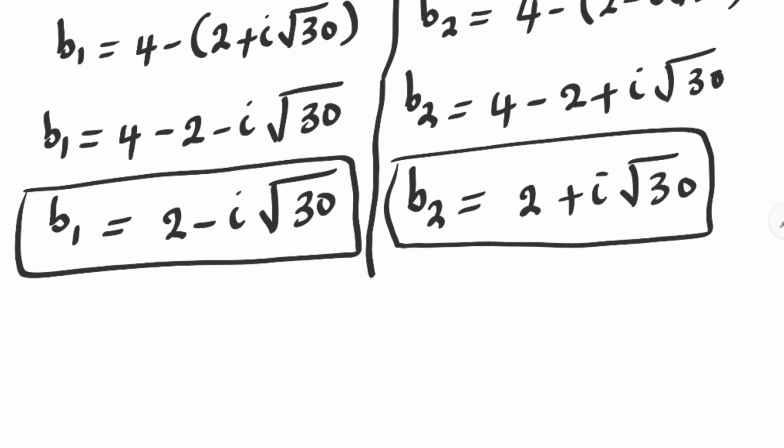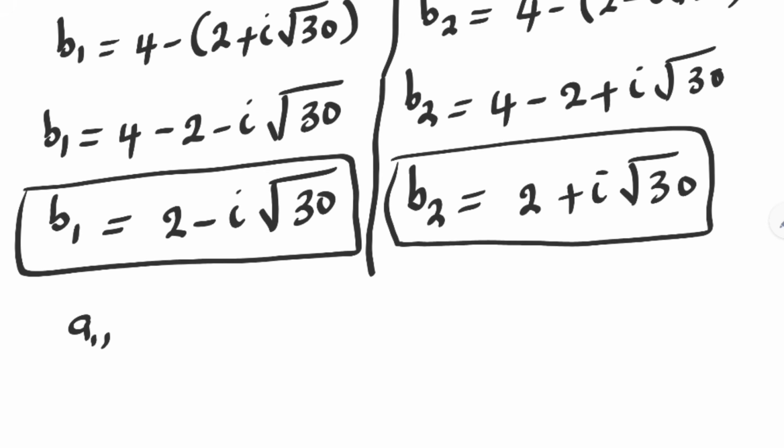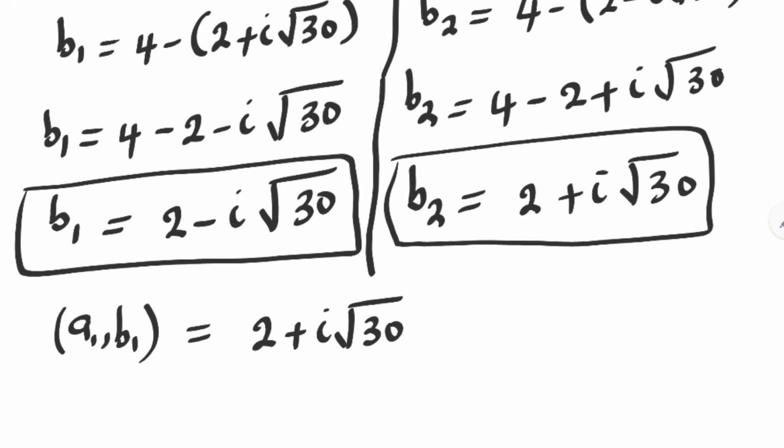Therefore, our final answer are A1, B1 is equal to 2 plus I square root of 30, 2 minus I square root of 30.